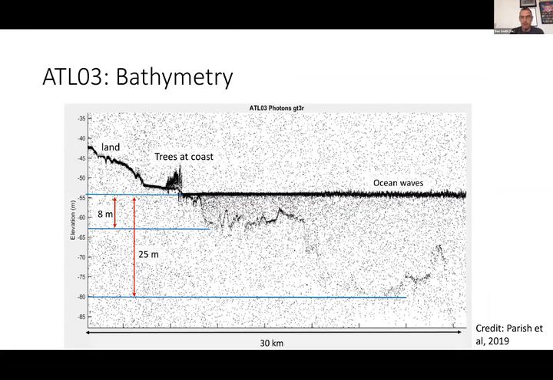This is a plot from a published paper showing that you can see land, trees at the coast, and even bathymetry of the ocean underneath the surface. You can see ocean waves, all mixed in with a generous helping of background photons.